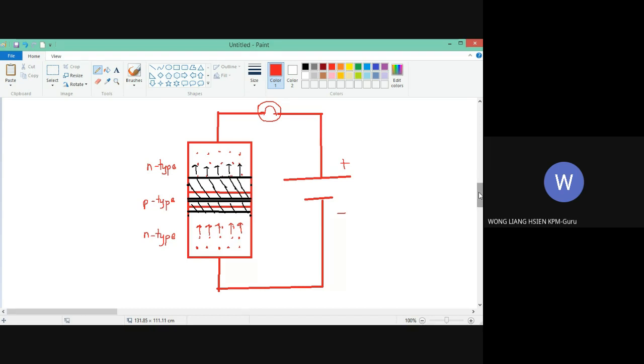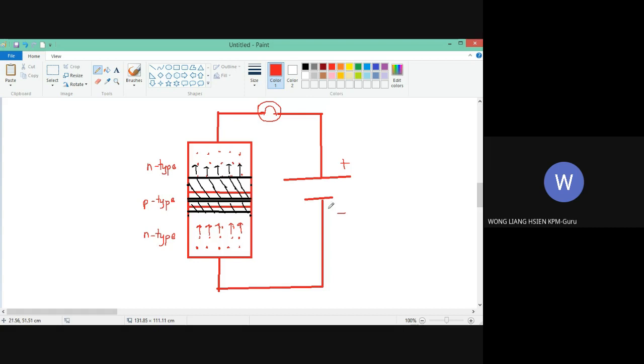Now what if we turn this around? Same as in the semiconductor diode: when we switch the positive and negative terminals, the current can flow. With forward bias connection, the current can flow. Connected in reverse bias, no current.